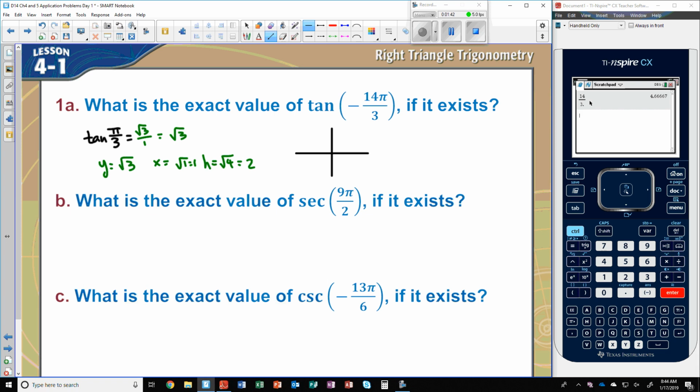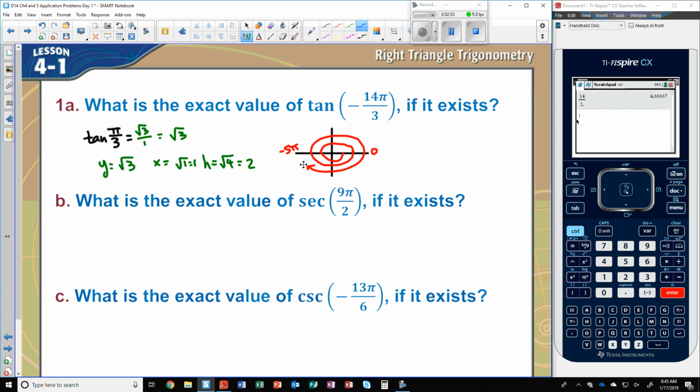So if I went over here, negative just means you go down. We start here at 0. We go around, that's negative 1 pi, negative 2 pi's, negative 3 pi's, negative 4 pi's, and we are now approaching negative 5 pi's. But you see how this number doesn't actually get there? So it's in the third quadrant.